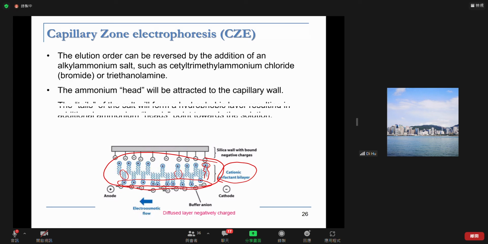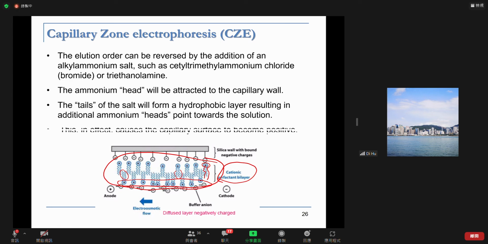The ammonium heads are now pointing towards the solution, so they make the inner side wall of the capillary pseudo-positively charged. So the capillary surface becomes positively charged. And now in the mobile phase, in the buffer solution, there will be the iodine.